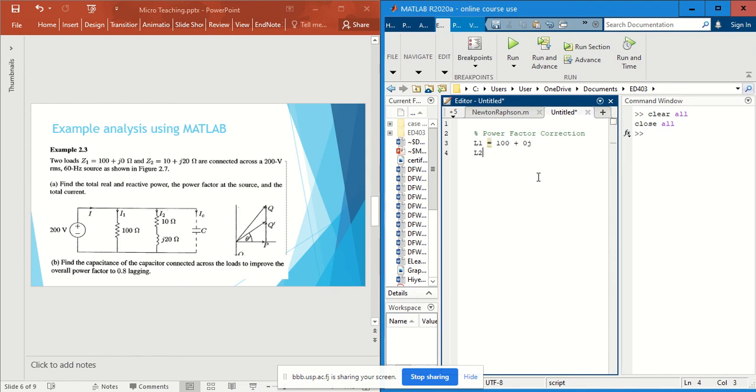Load 2 is equal to how much? 10 plus 20j. And we are also given our voltage supply, which is equal to 200 plus 0j. Okay, there is no imaginary part to it. And our frequency given is f equals 60 hertz.